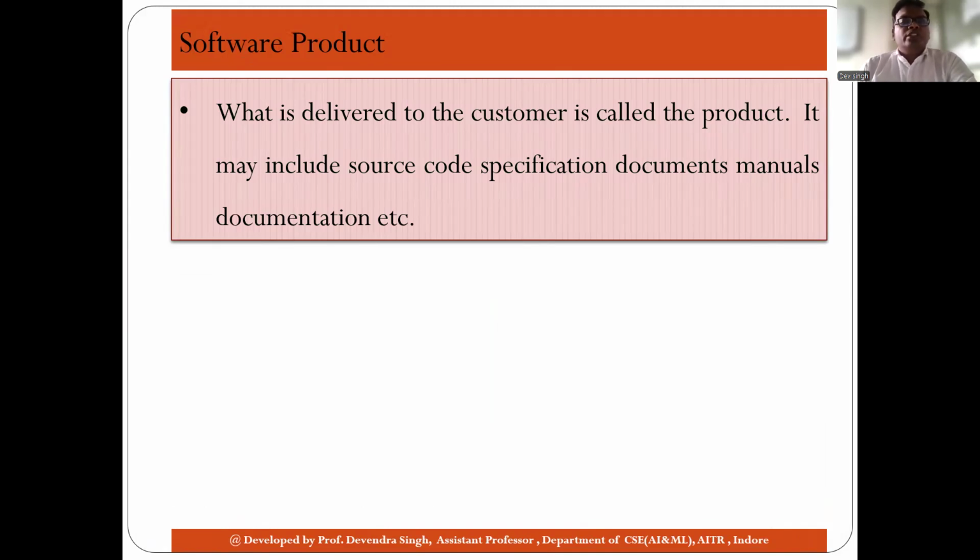It may include source code, specification, documentation, and manual documents. Generally, a product means the finally deliverable item to the customer.